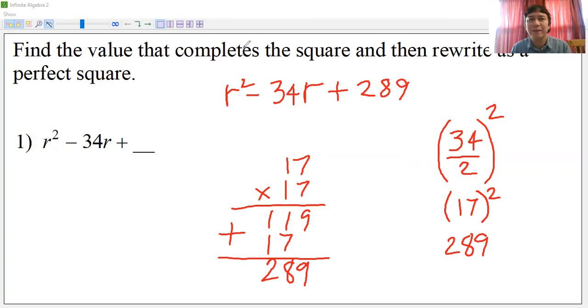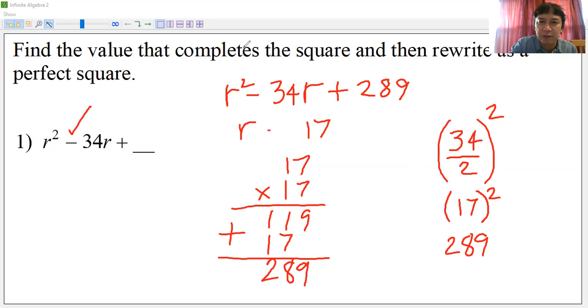Now the question is to find the value, and that's the value, 289. And then rewrite as a perfect square. To rewrite this as a perfect square, it will be a factor times itself, which is the square root of r squared, that is r, and the square root of 289 is 17. Then we follow the sign of the middle term, the sign that you see over there.